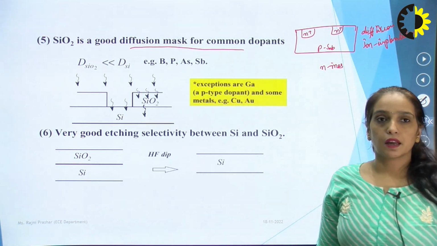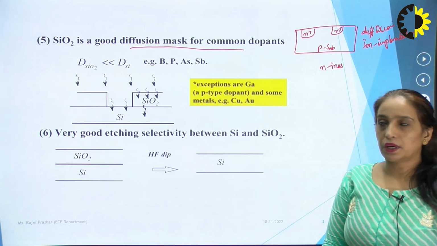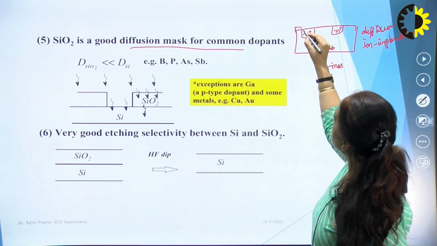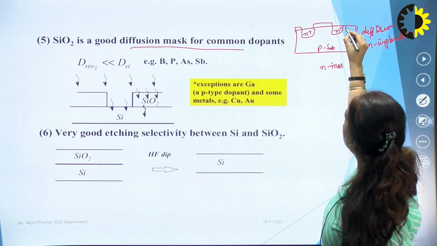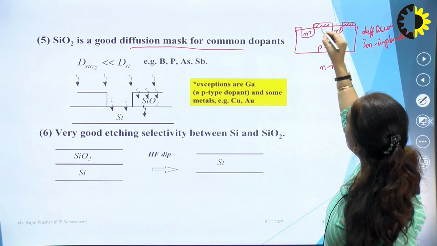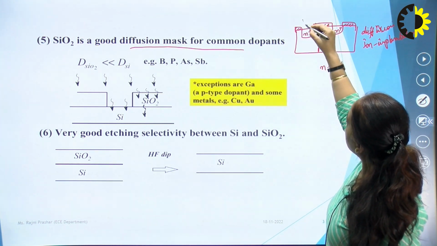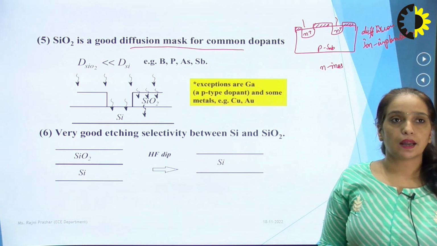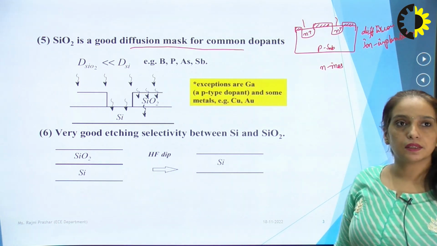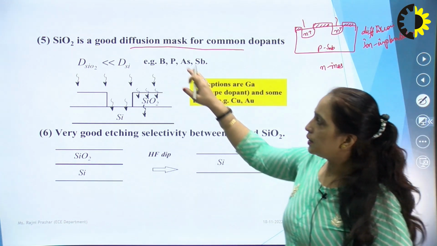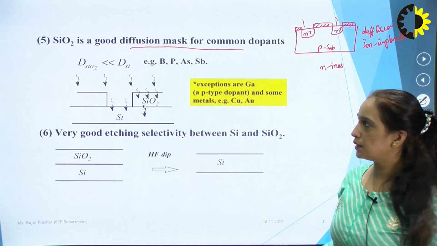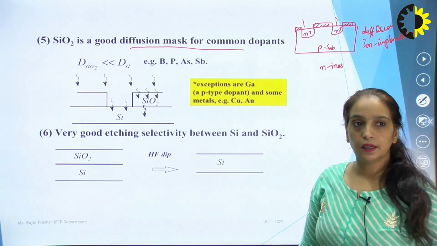When we diffuse dopants into the substrate, we have to create a window: some portion of the oxide layer is removed from these areas, and then the dopants are added there, so that we can have the N plus regions, source and drain. So this SiO2 behaves as a very good mask for the upcoming processes, that is, ion implantation and diffusion.